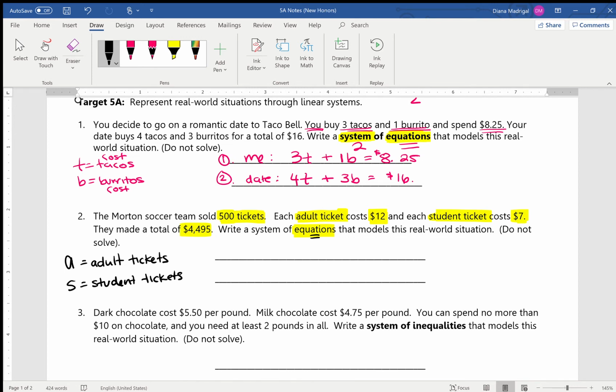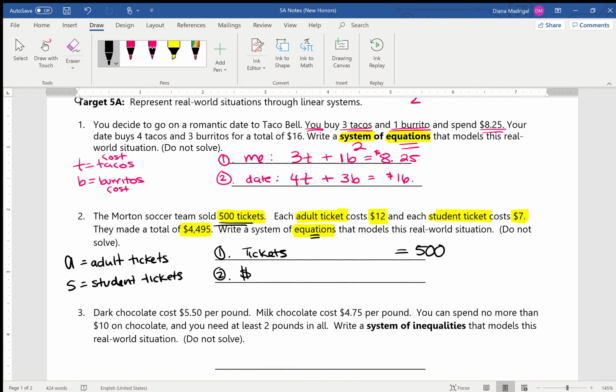All right, your first equation is going to be talking about the tickets itself. The second one has to be talking about the money, the expenses, how much you're spending. So here I go. The first one is talking about the number of tickets. That means I know I have 500 in total because they tell me it's 500.